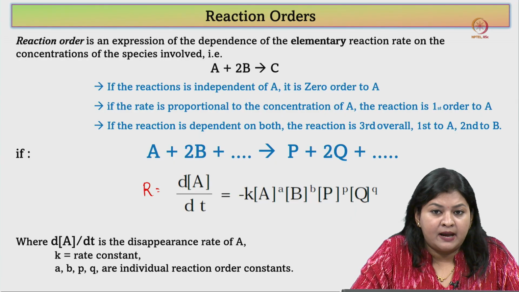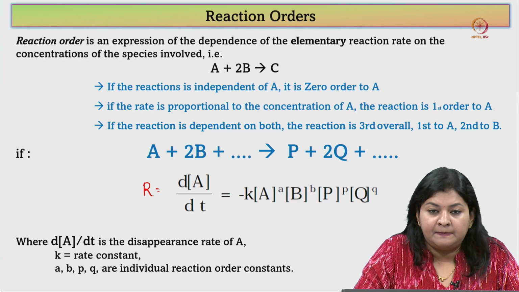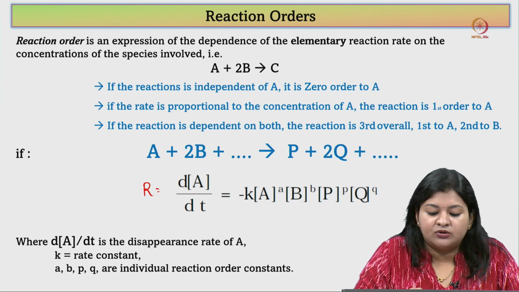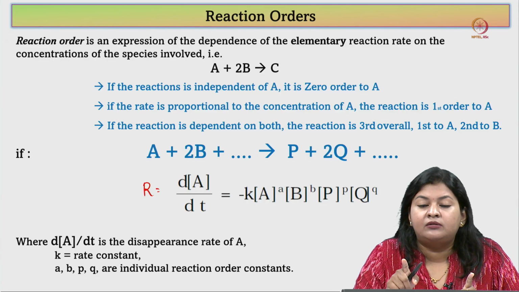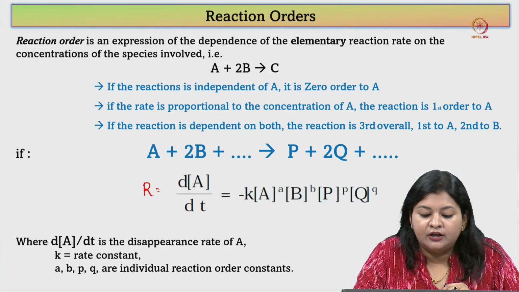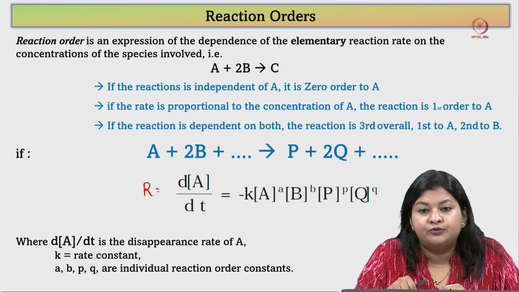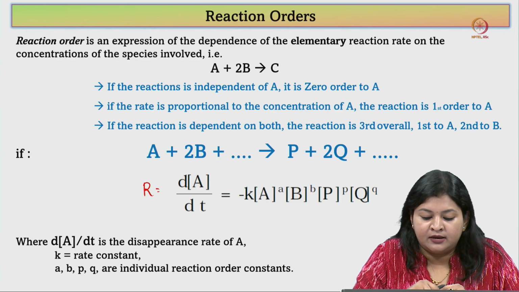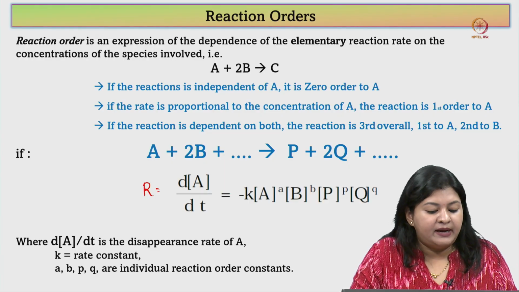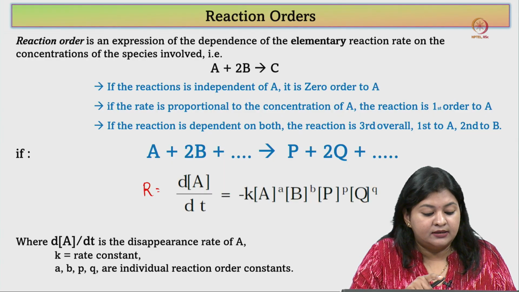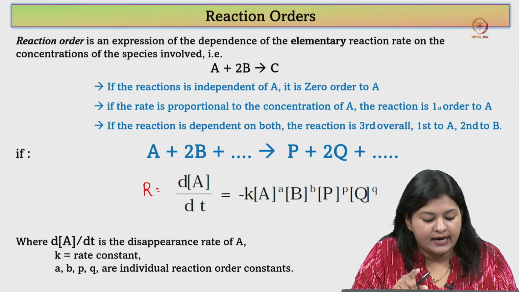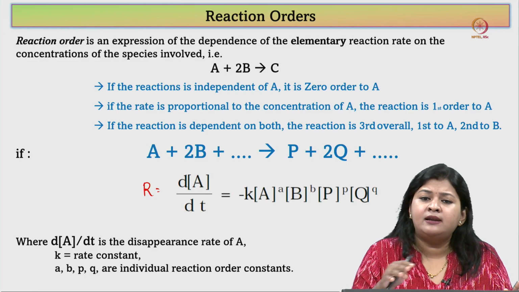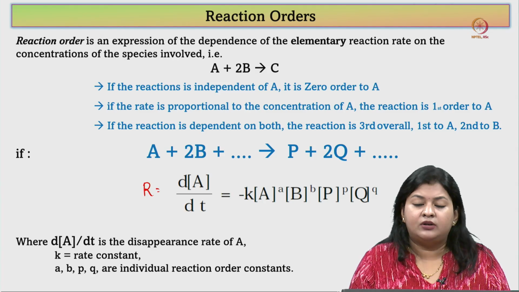Now, if I multiply minus on both sides, minus dA by dt gets positive, and that R is also equal to K into all A, B, P, Q, all the terms raised to the power of the stoichiometric coefficients. Now, dA by dt is the disappearance rate of A, a reactant, and K is the rate constant. A, B, P, Q, these are all again individual reaction order constants.